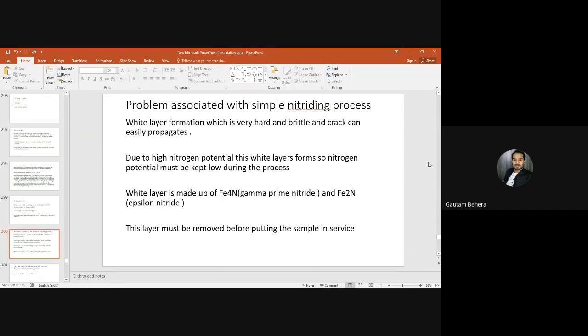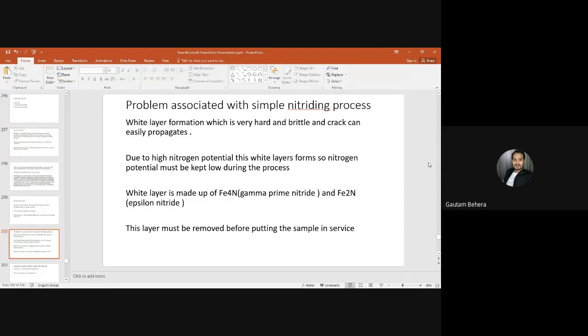Fe4N and Fe2N. Right. So these white layers, these iron nitride layers, the gamma prime and epsilon iron nitrides, are basically very brittle. See, we want a high hardness, but we don't want any brittleness. So due to formation of these iron nitrides, the brittleness increases on the surface.